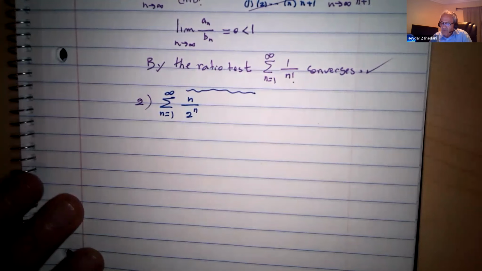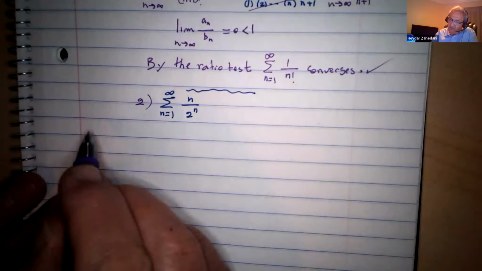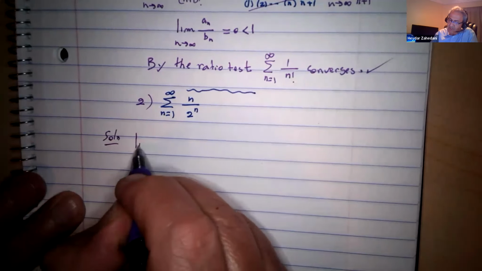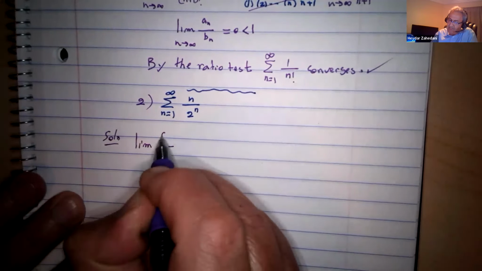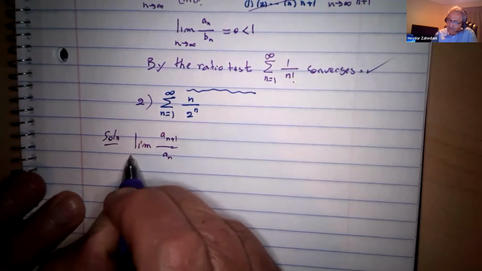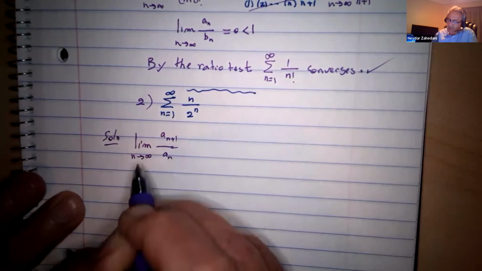So what you have to do is use the ratio test to see if you can check this one. Okay, the ratio test. So we're going to form the solution. It's going to be the limit of a n plus 1 over a n, as n goes to infinity.